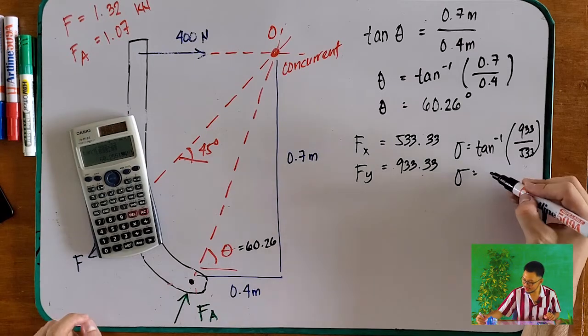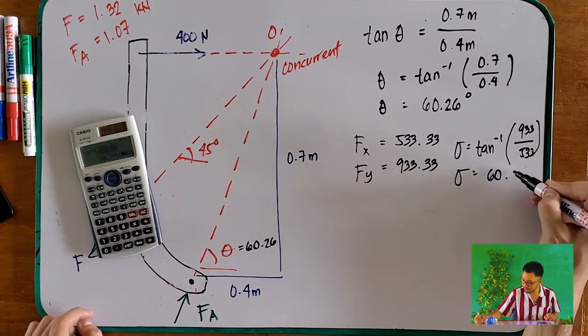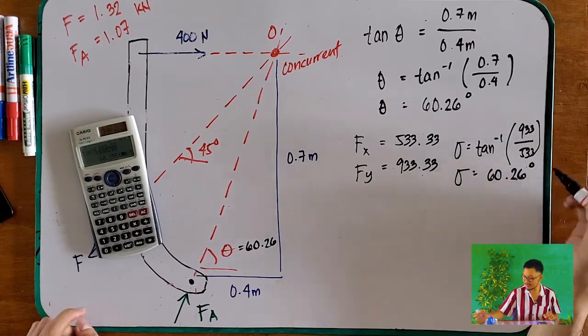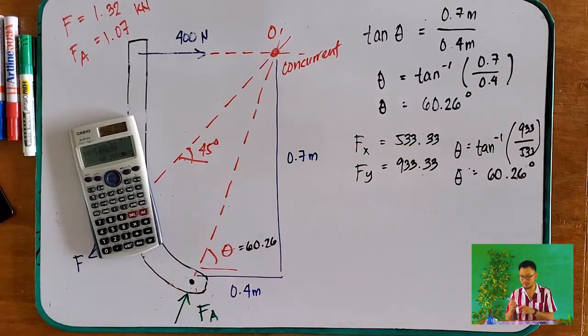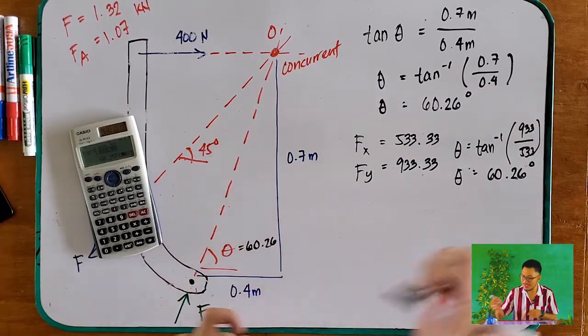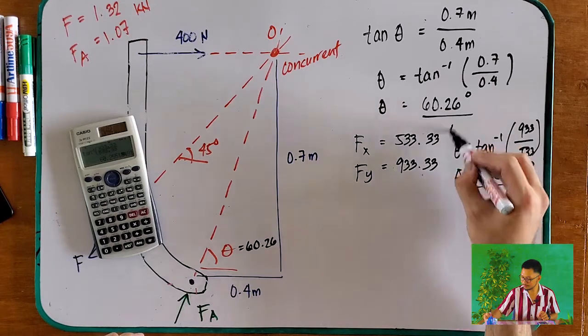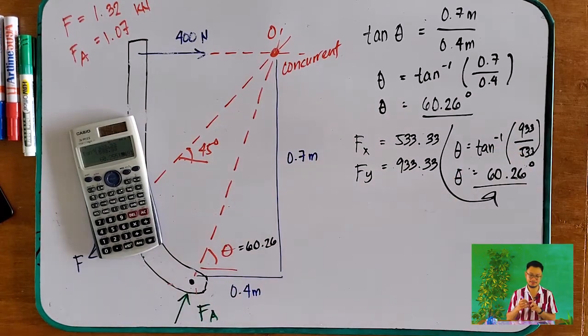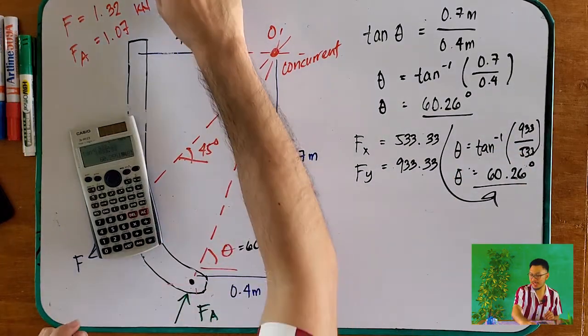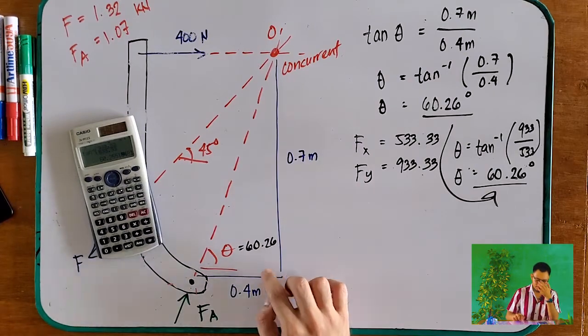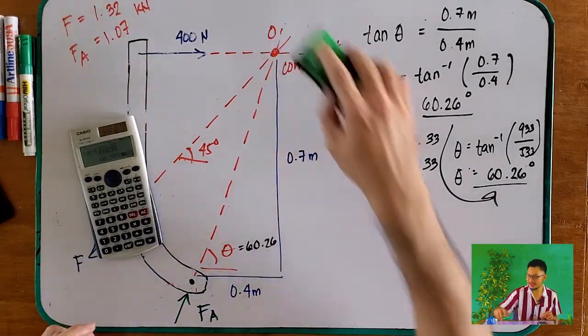The answer here is 60.26 degrees. So 60.26 degrees, they are the same. We just used a different approach. Okay. So now let's continue. We know that this one is 60.26 degrees.